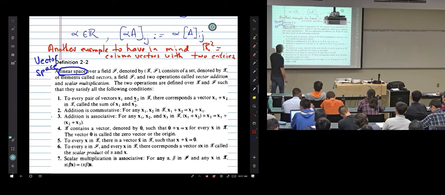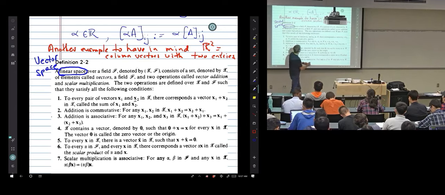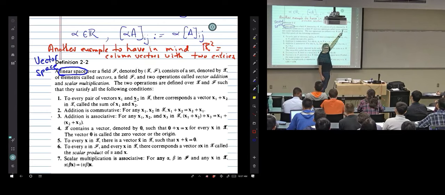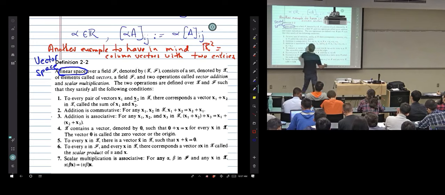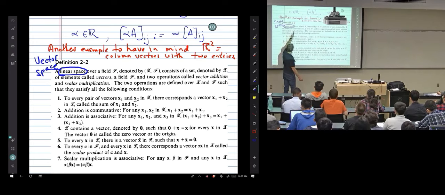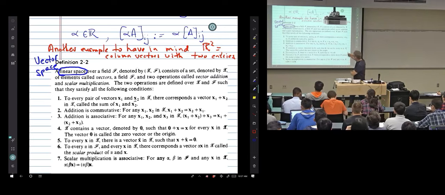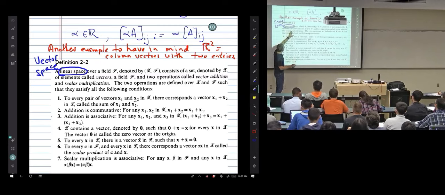Now, it has 10 axioms, and we have to have two operations defined: vector addition, and scalar times vector multiplication, as I usually write it. Others say scalar multiplication, but for me it's even more clear if you say scalar times vector multiplication.